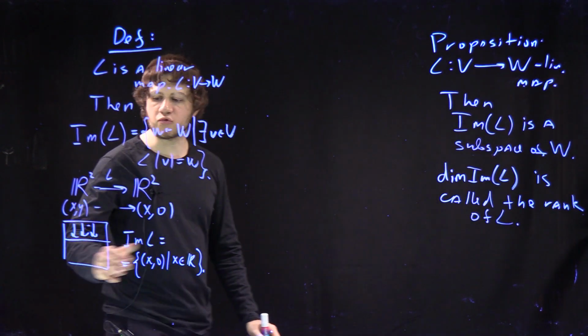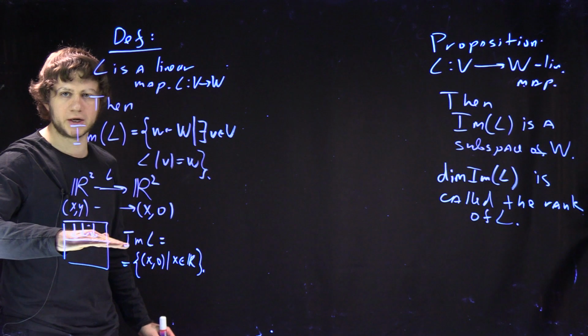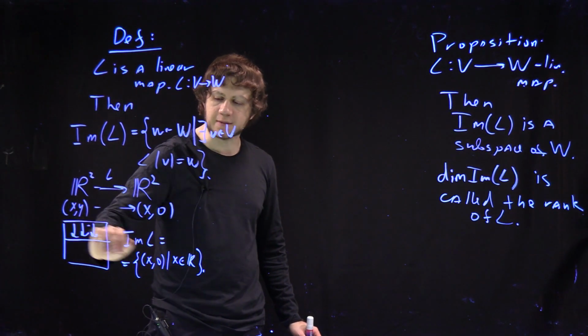For instance, the rank of this map is equal to 1 because the image is a one-dimensional subspace of R2.